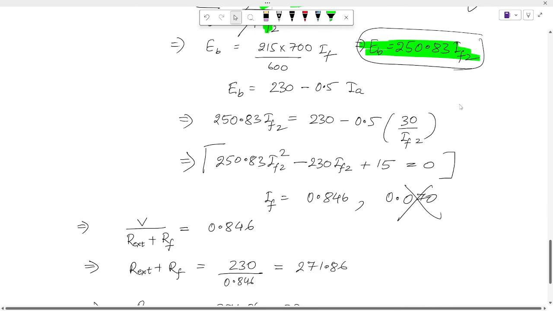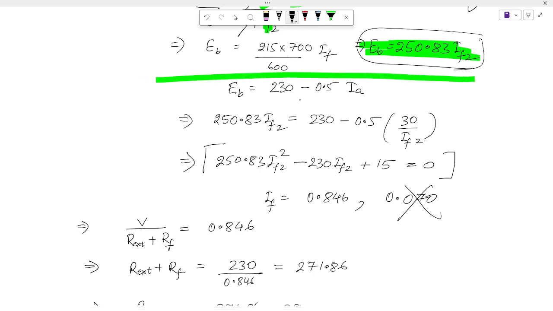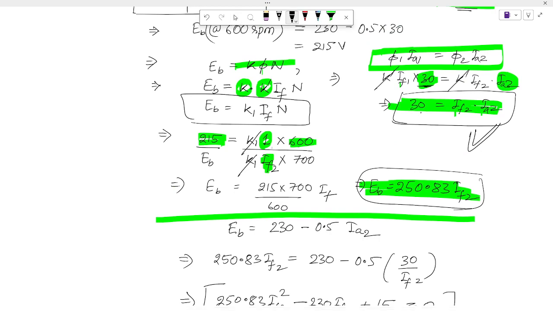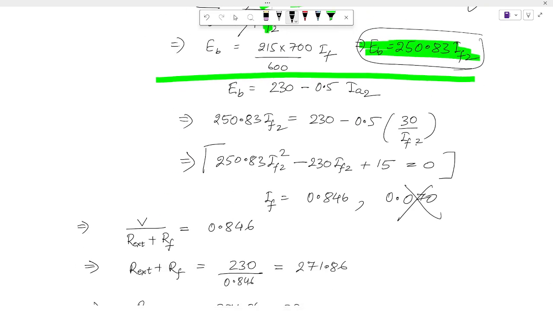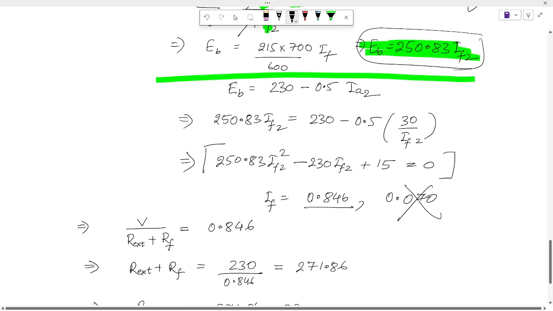Now Eb will be 230 minus 0.5 into Ia2. Replace this Ia2 by 30 divided by IF2, sorry. Now we get a quadratic. From there we have two roots, 0.846 and 0.070. This is very small, and it is not possible to establish sufficient flux, so we consider the other value as IF.